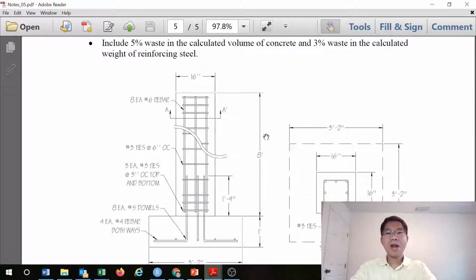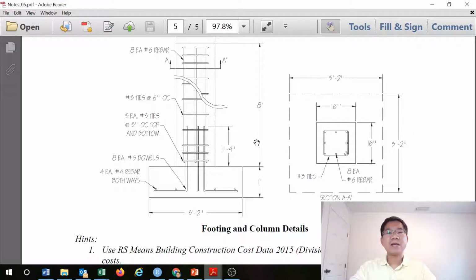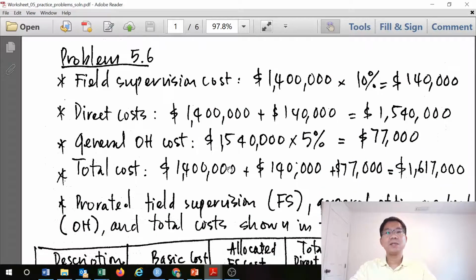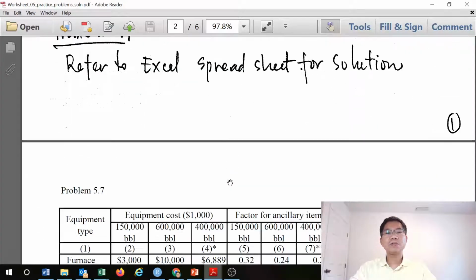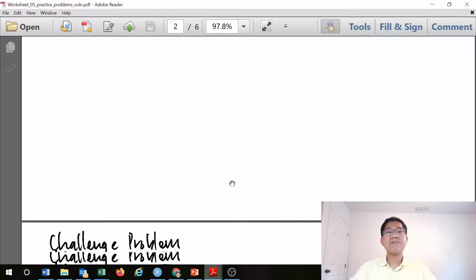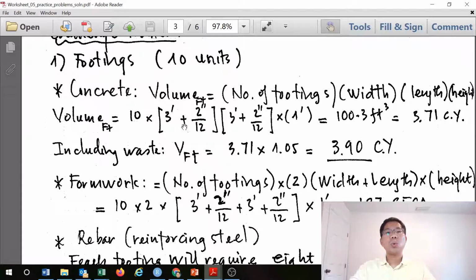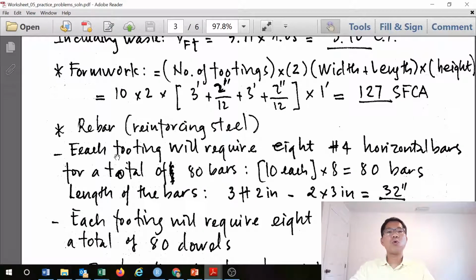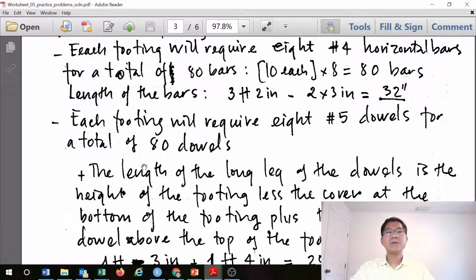But this is only one item that you see in there, and I put a very detailed solution on the first 2, of course. For that problem itself, I explained very clearly how to determine the volume for concrete, for the formwork, and for the rebar, for each item, in great detail.